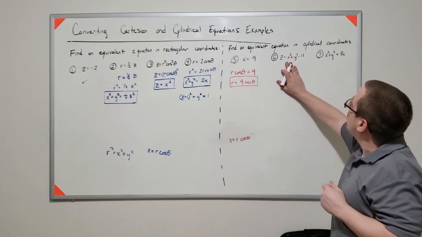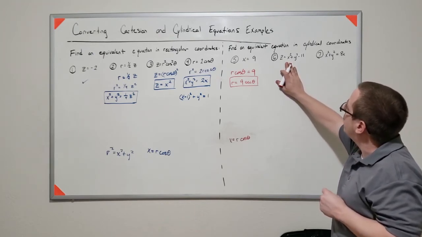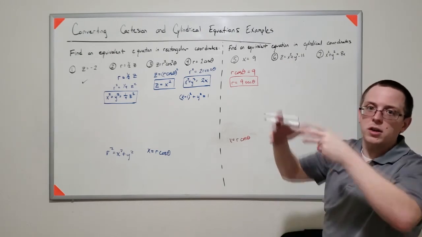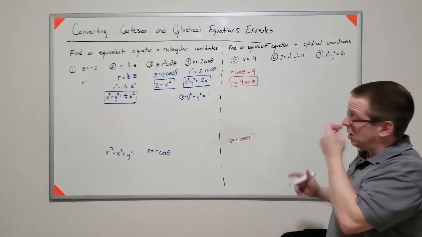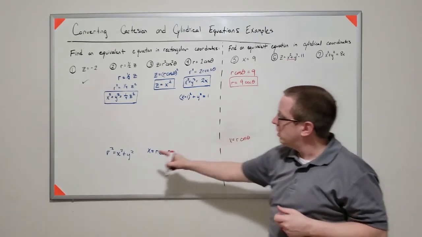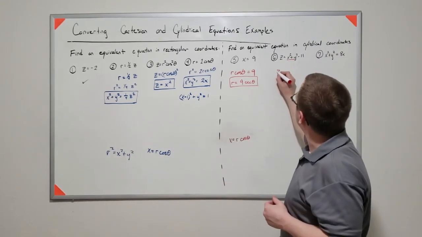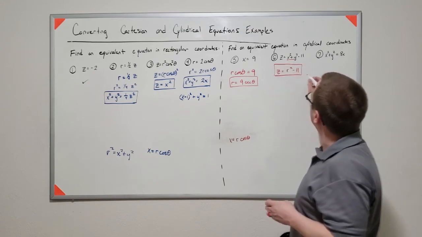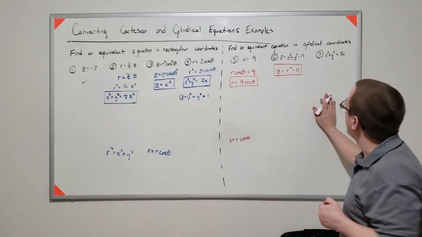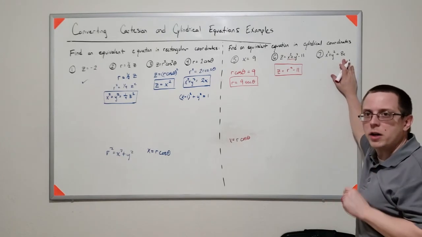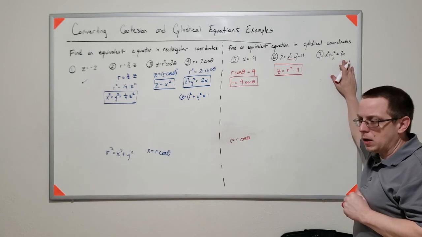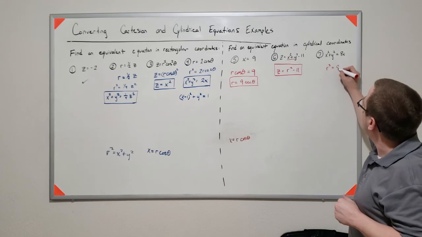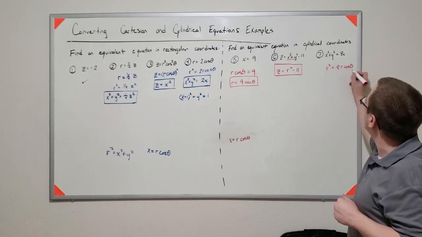So z equals x squared plus y squared minus 11. This looks like a series of circles based on the z value. But I know that x squared plus y squared is equal to r squared, so I can say z equals r squared minus 11. That's a fairly straightforward one as well. And then finally, we have x squared plus y squared equals 8x. Okay, well, I could say that's r squared, and that's 8r cosine theta.